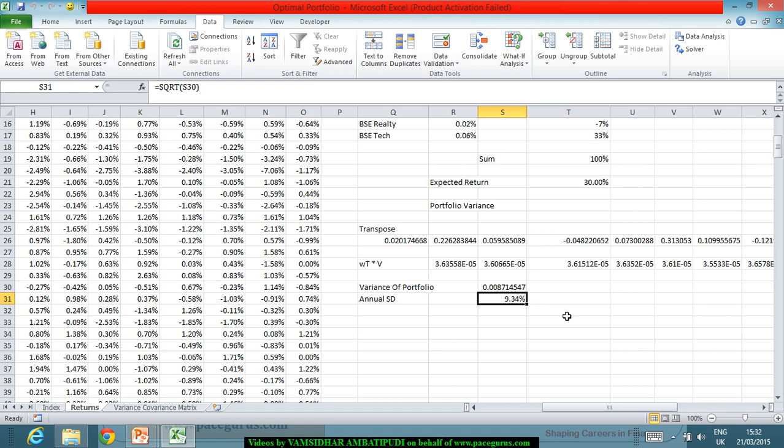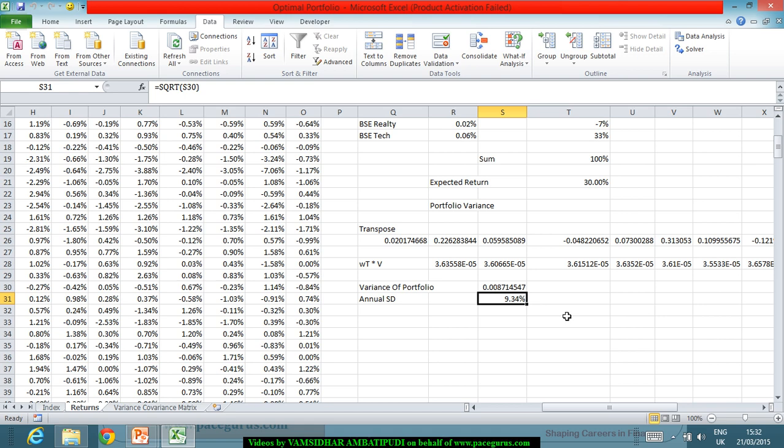So depending on the objective of the client, depending on the returns which is expected for the client, we can very well alter the portfolio. We can generate the optimal portfolio which can generate the minimum possible risk for the targeted level of return.